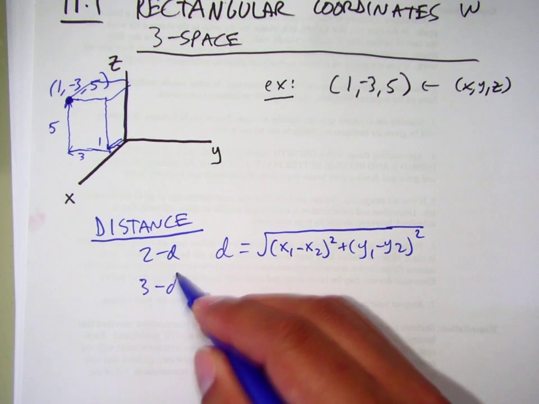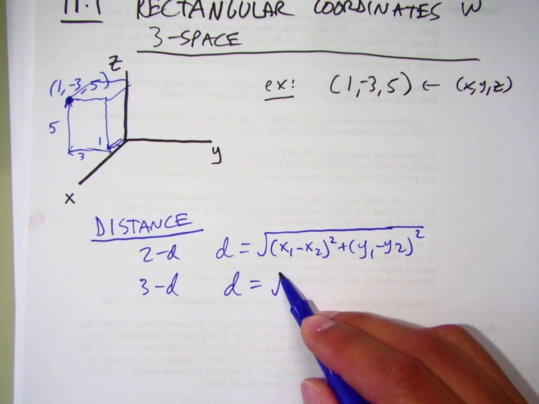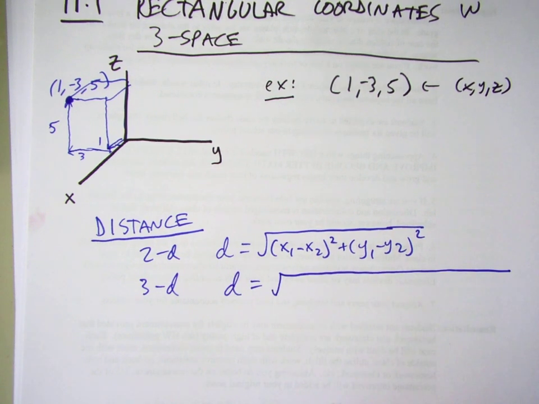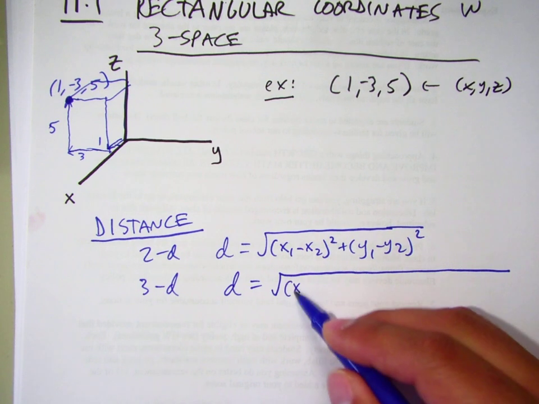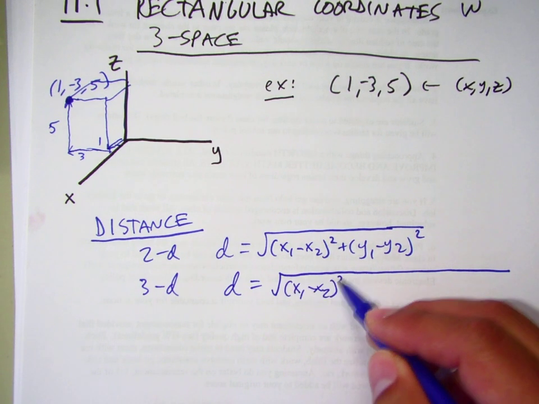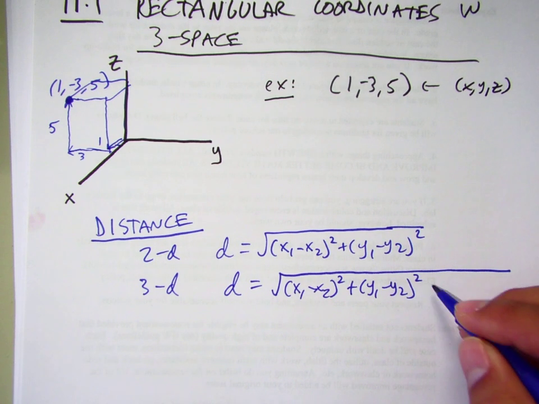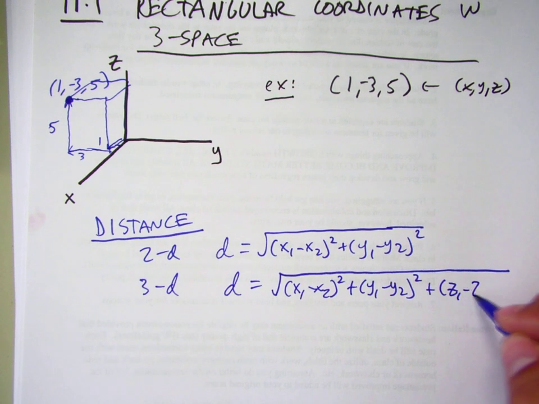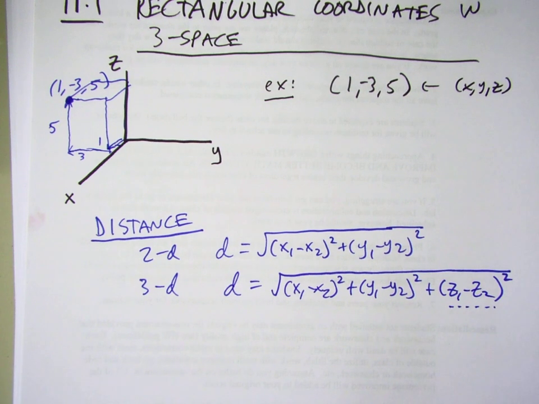The only difference is that you have what? Yeah, you have a z part of it now. So instead of just these two, it's x1 minus x2 squared plus y1 minus y2 squared plus z1 minus z2 squared, that's the added piece there, the added component.